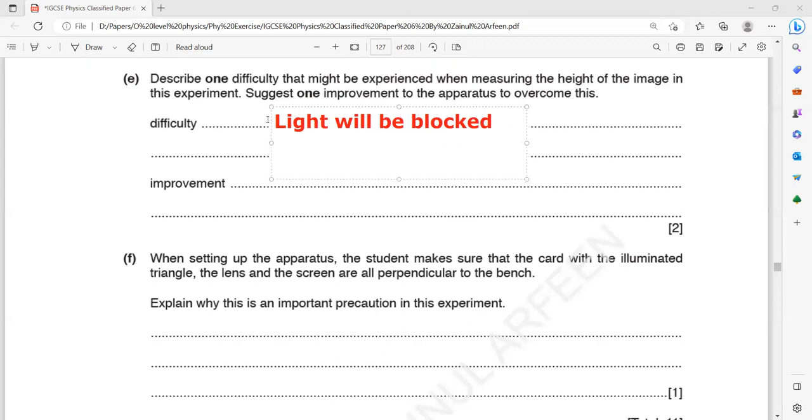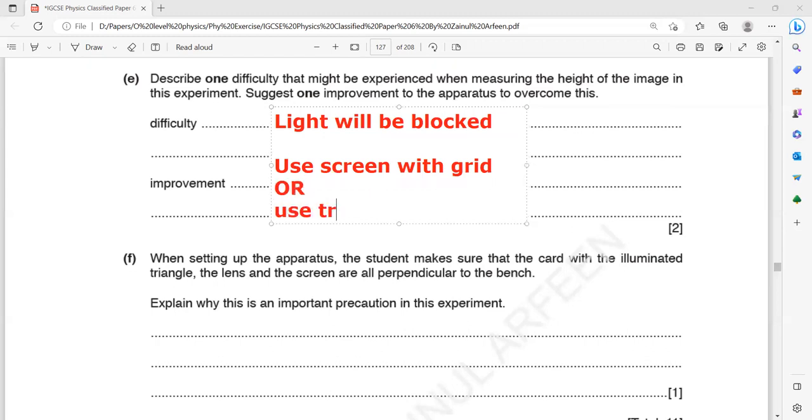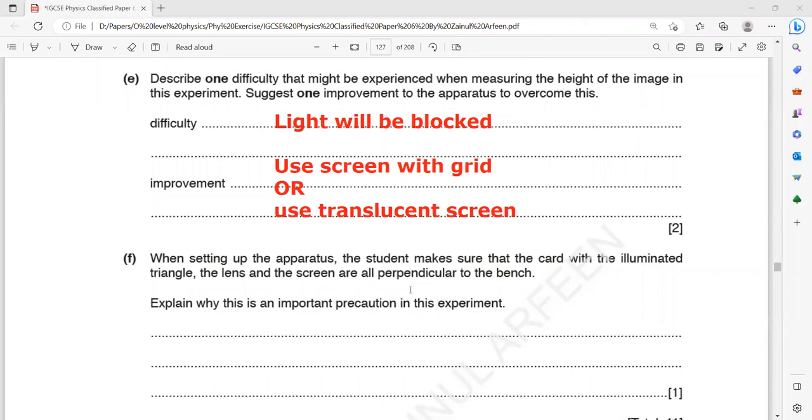And how can we improve? We can use a screen with grid or lines, or you can also mention use the translucent screen. Is it clear? Yes, sir.